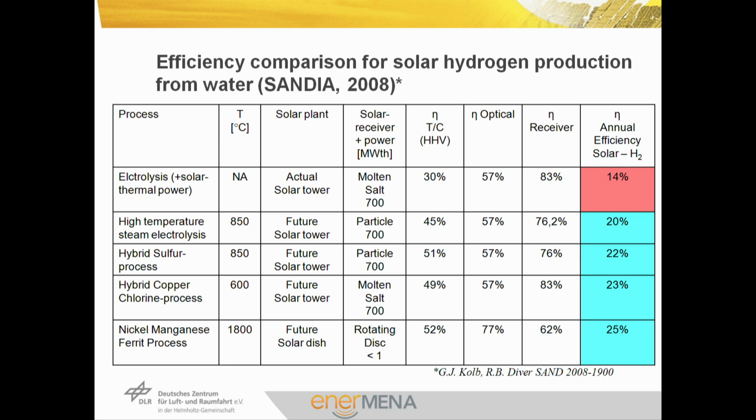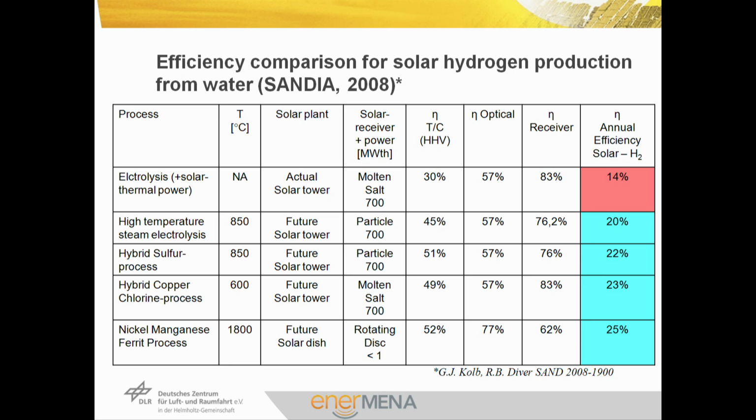One is a high-temperature steam electrolysis. There, part of the electricity is supplied by the heat, so you could reduce the amount of electricity. And then, even more efficient are so-called thermochemical cycles, where you don't need any further electricity to run it, but you use heat as the main energy input. Some of them can, of course, be run in hybrid version as the hybrid sulfur process or the hybrid copper chlorine process.